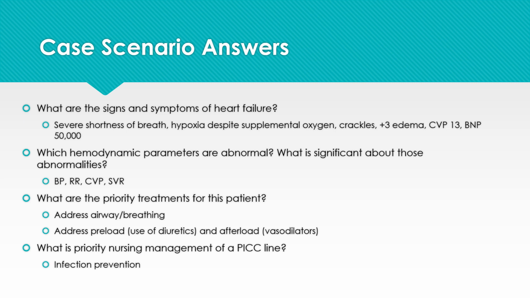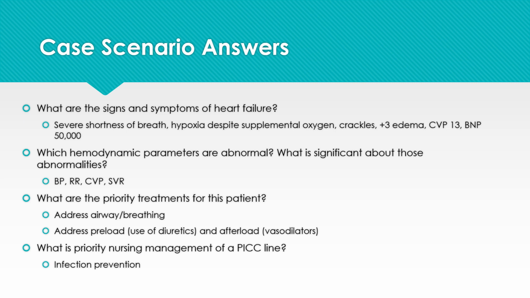So what are priority assessments with this patient? So always thinking ABC. The first one is we would need to address that hypoxia and that respiratory rate. This patient would need more respiratory support than they're currently receiving. And then as far as treatment of the preload issue, they have too much preload.